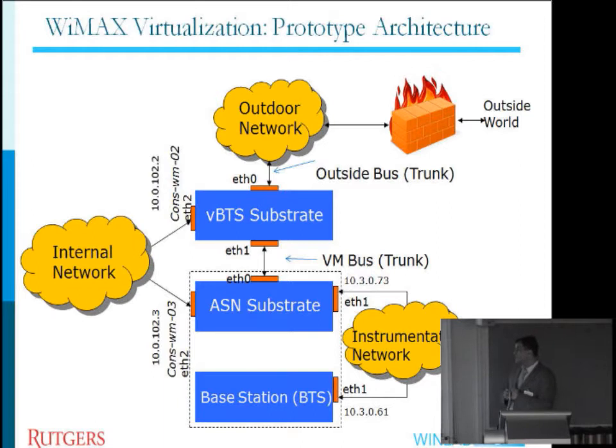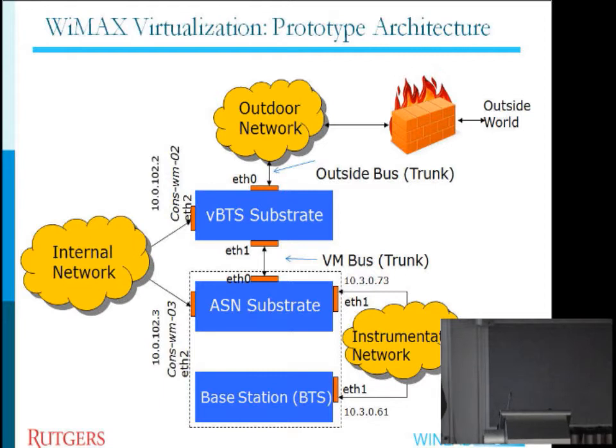The main idea is that we have a custom-made ASN gateway, which stands for Access Network Gateway, I believe, or something like that, that is connected to the base station. NEC, whose base station this is, is actually supporting us in the sense that they're providing a custom ASN gateway that allows us to do all sorts of things to the base station itself, which you normally can't do.